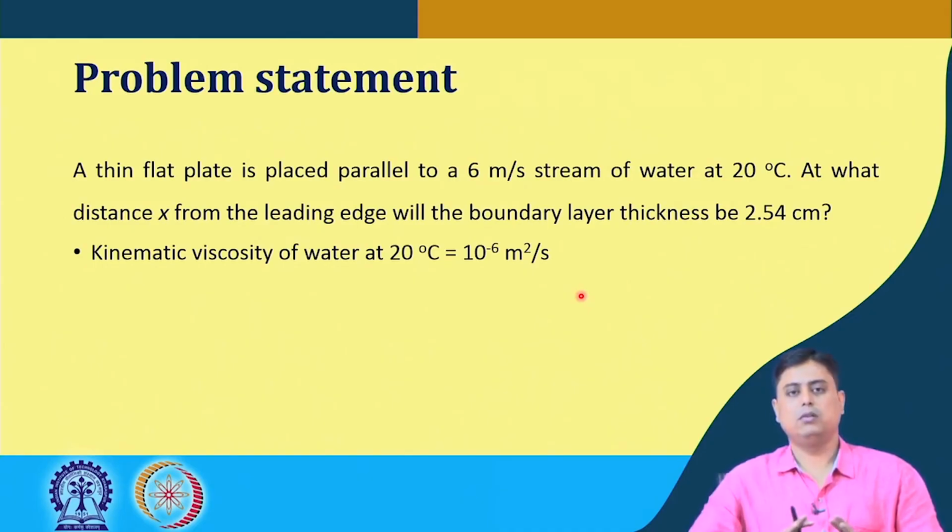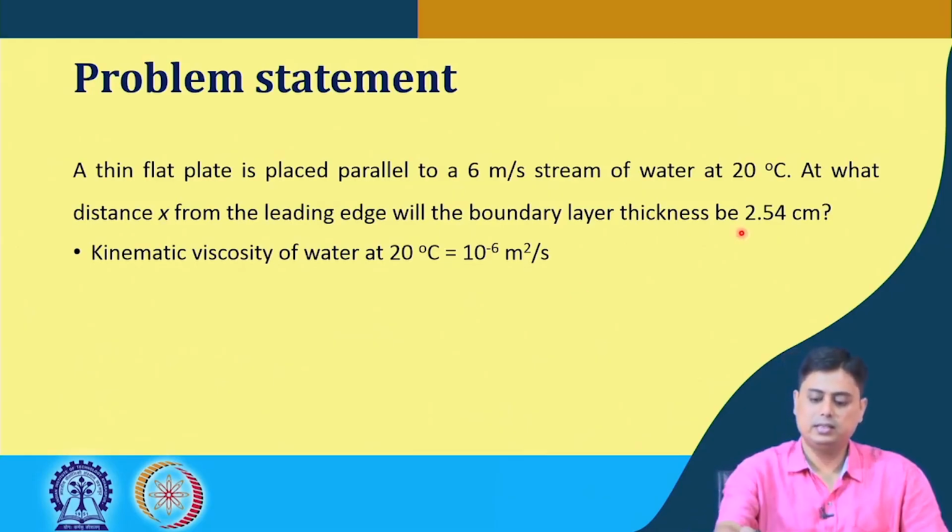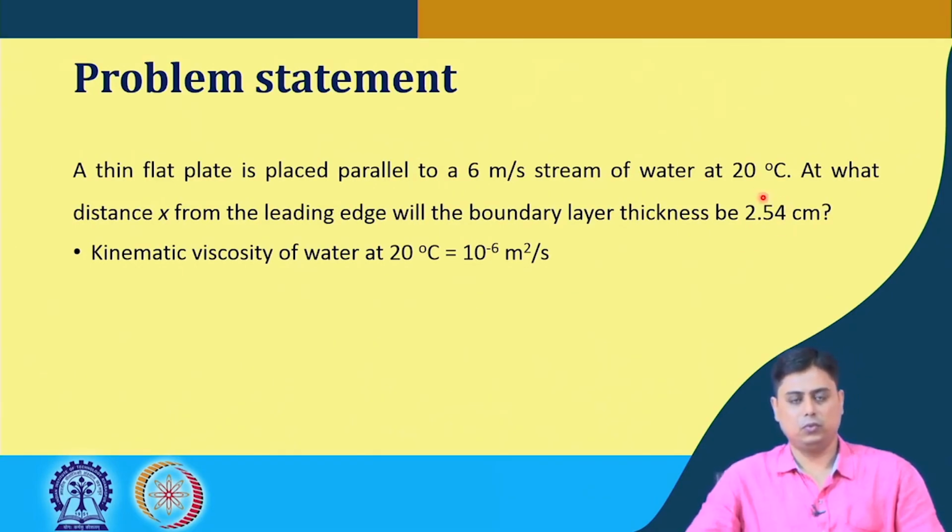So, which means for this problem you have to calculate what is Re. Now, for a particular distance, what would be the Re in that case. Okay. So, how do we approach this problem? First of all, since the Reynolds number is not known, we assume that the flow is laminar.